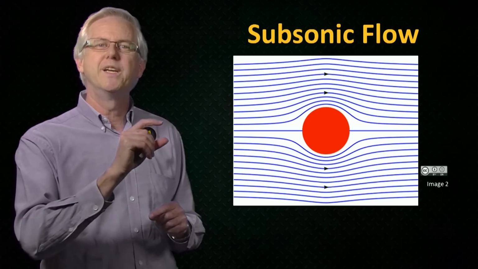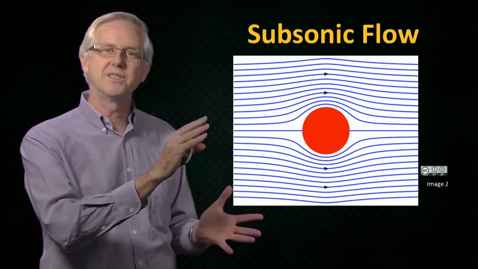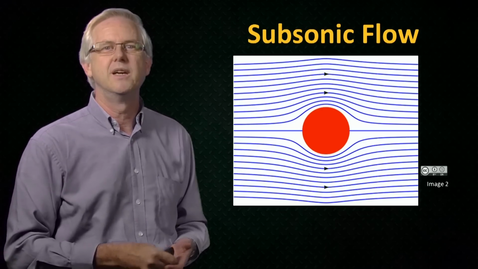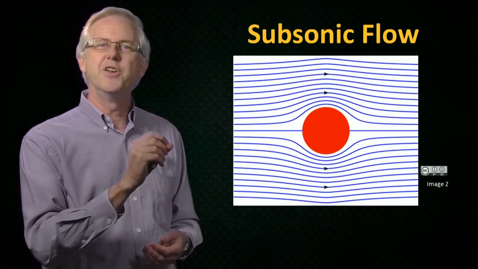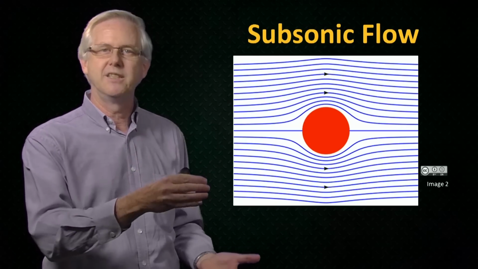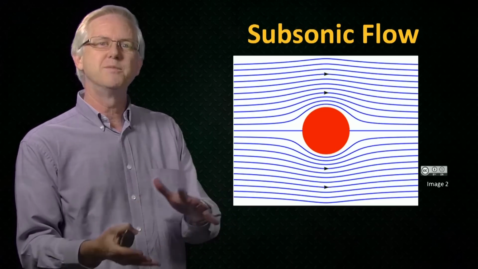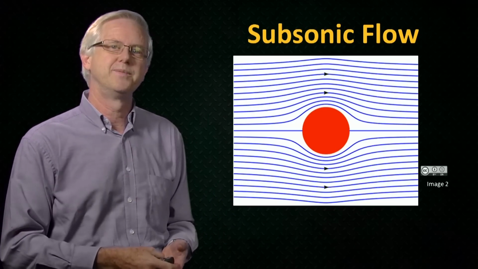All the fluid between consecutive streamlines stays between the lines as it passes around the object. So we see here that the flow knows that the cylinder is approaching and it deflects ahead of it to pass around it. Then, after the cylinder, it flows back towards the centre line.